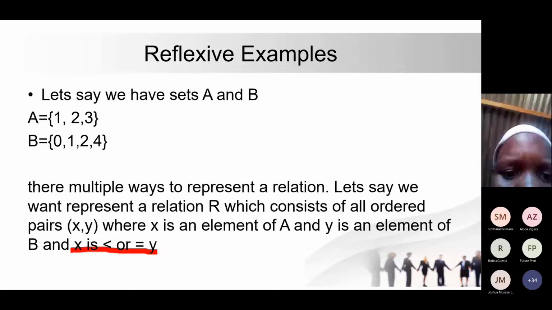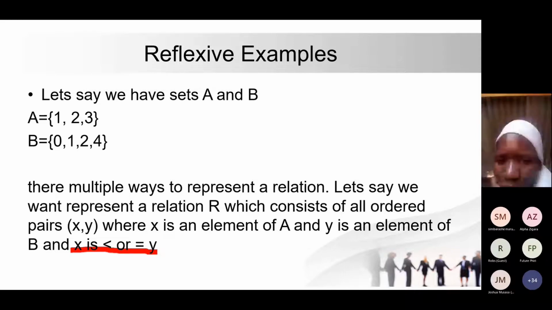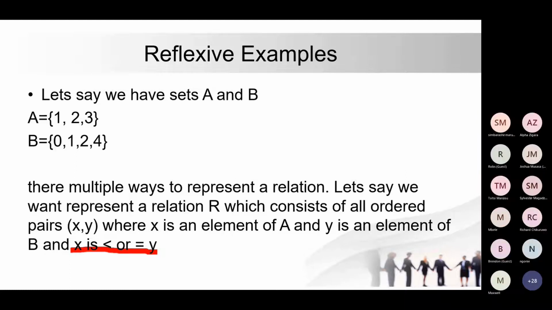So in our relation, there will be a value in set A which is mapped to itself. Each and every element in A will be mapped to itself. That's a reflexive relation. It will be easier for others to understand if you give something they can see on your presentation. Maybe we're supposed to demonstrate the actual ordered pairs here. They were supposed to be listed.